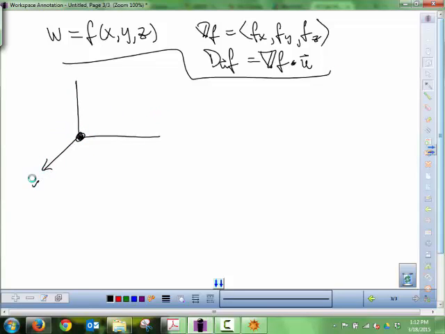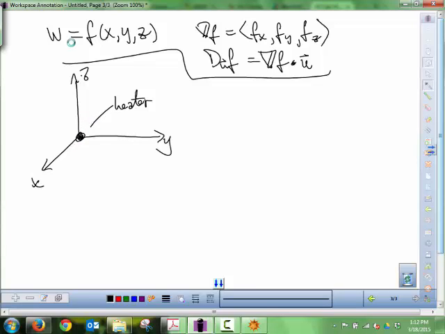This is your room, and this is your heater. The x, y, z will describe your space in your room, where 0, 0, 0 would be that corner where the heater is.